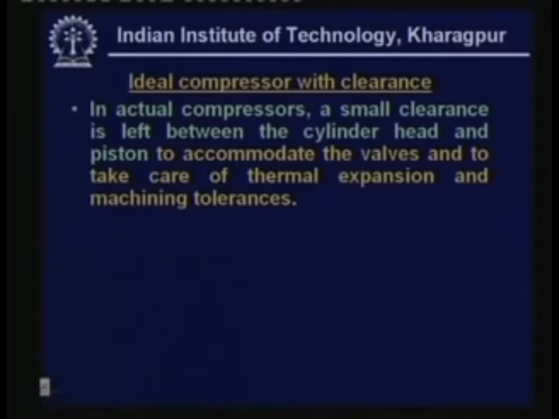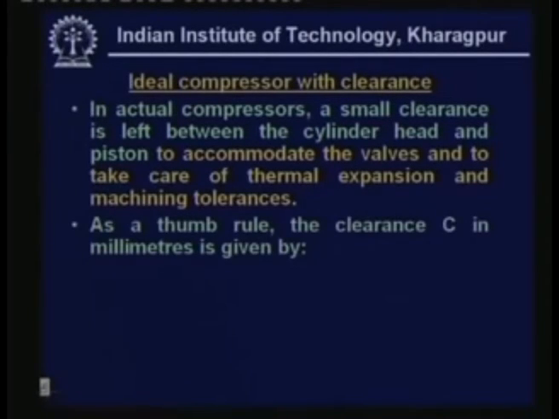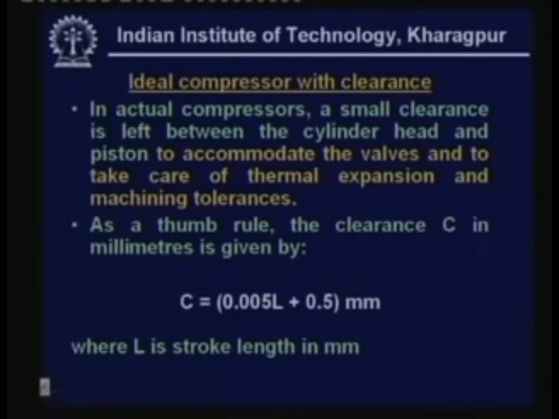Also, you have to accommodate the valve, so you have to provide some gap between the cylinder head and the piston. As a thumb rule, the clearance C in millimeters is given by C = 0.005 L + 0.5, where L is the stroke length in millimeters.